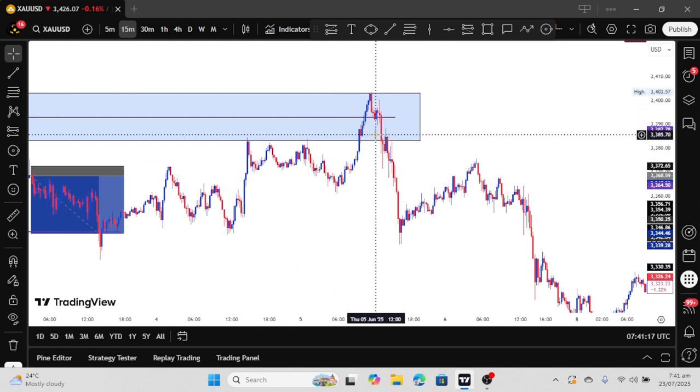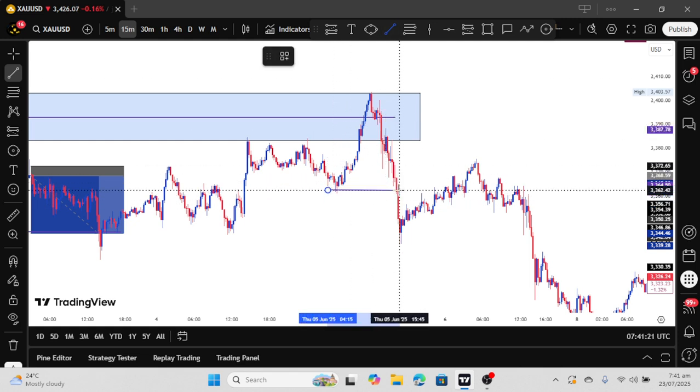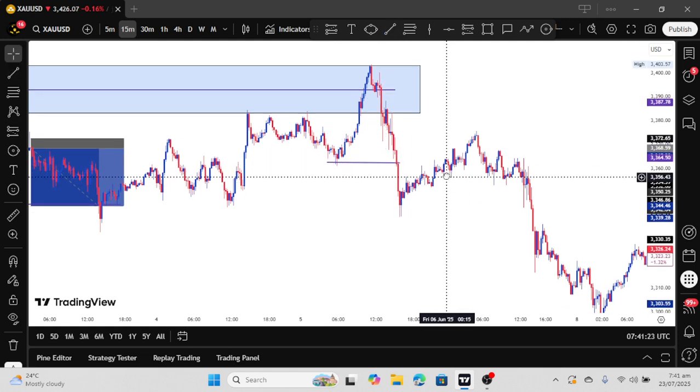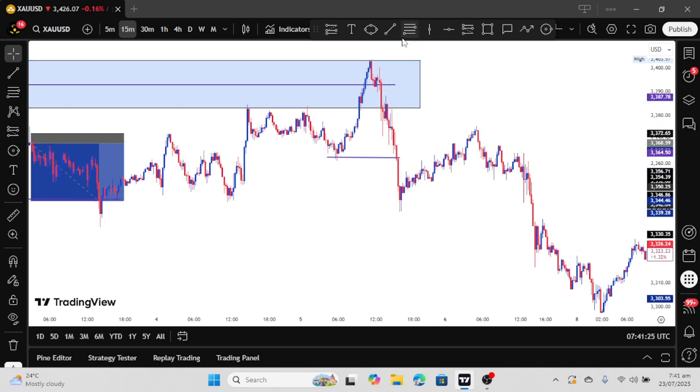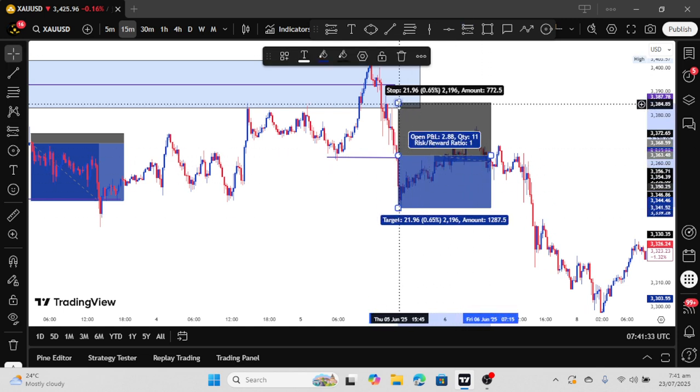So if you are still skeptical about here, not selling, from here at least you should sell. You should be confident enough to sell from here. So selling from here, and let me see my sell zone. So selling after this break, 40 pips.